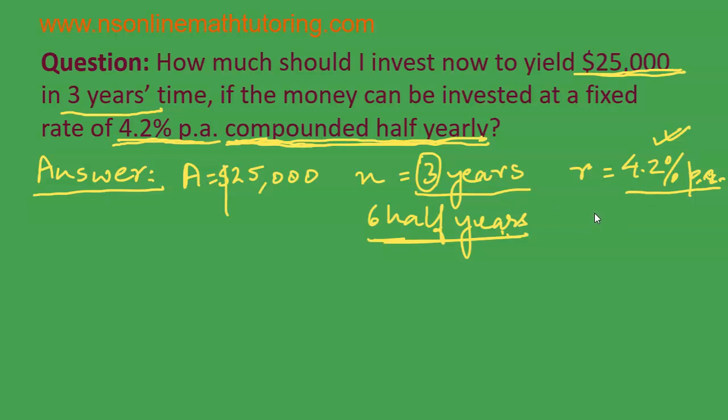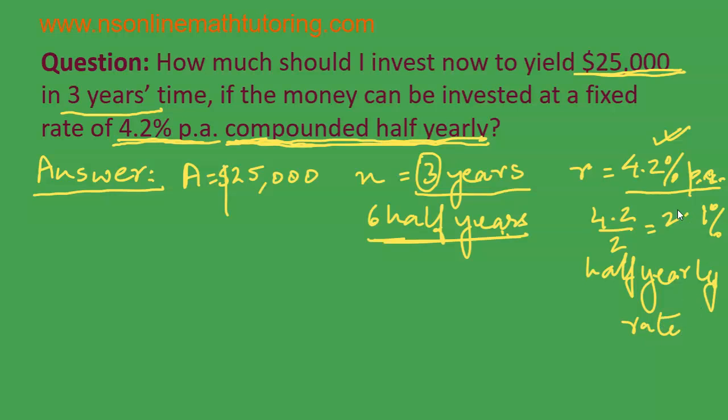So 4.2 divided by 2 is equal to 2.1. So this is the half yearly rate. 2.1% is the half-yearly rate.